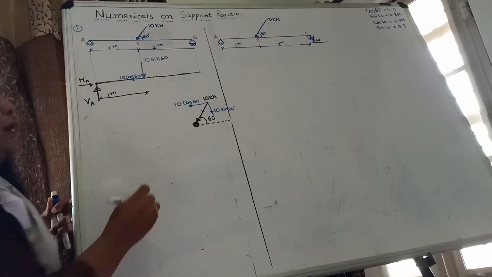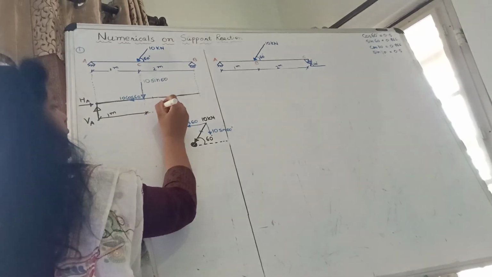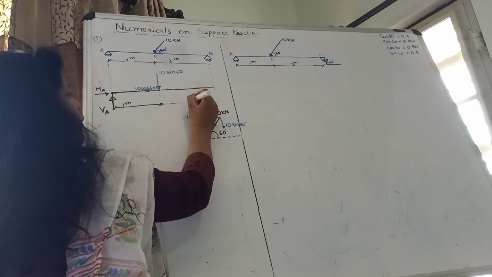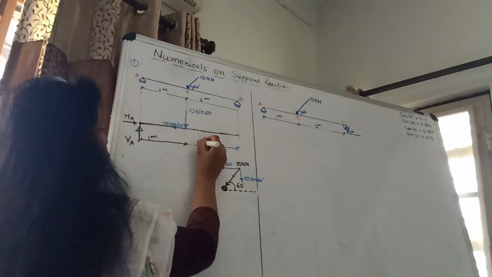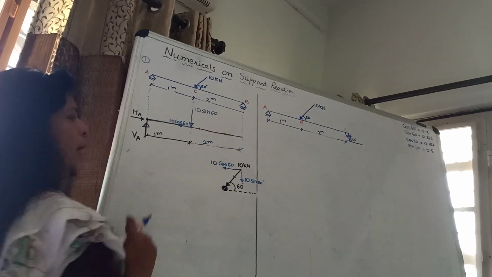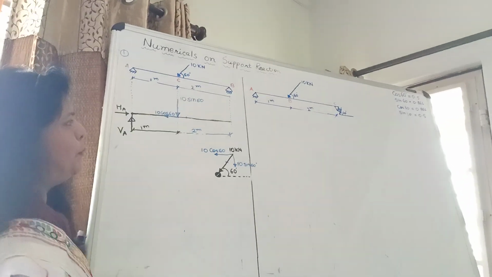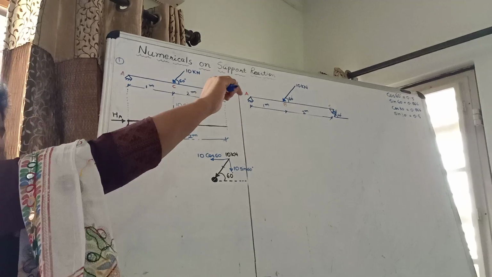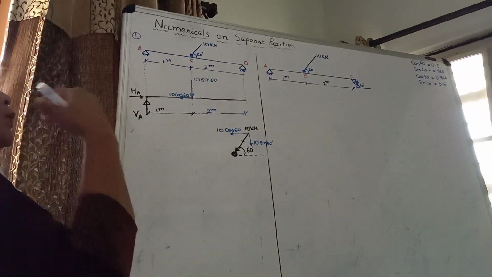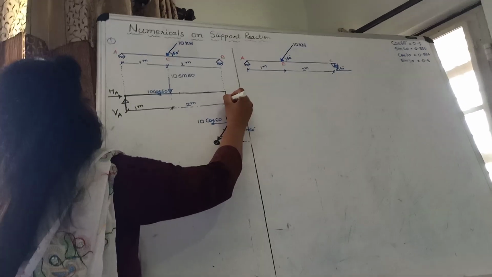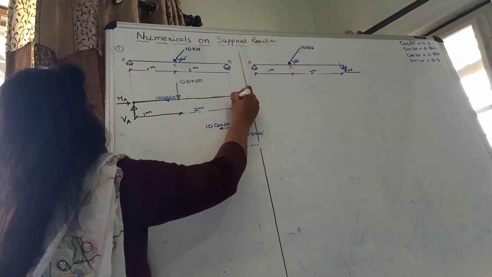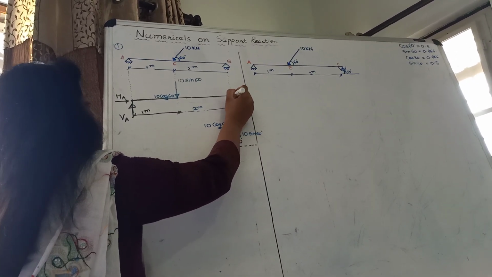Then we move further ahead and we reach the point B. What is point B? Point B is a roller support. So a roller support has only one reaction. So we show a vertical reaction VB.